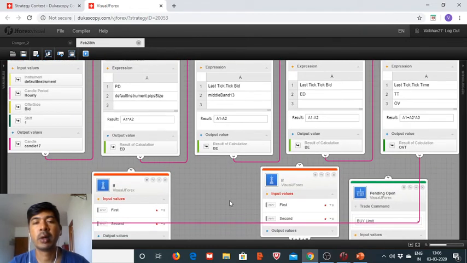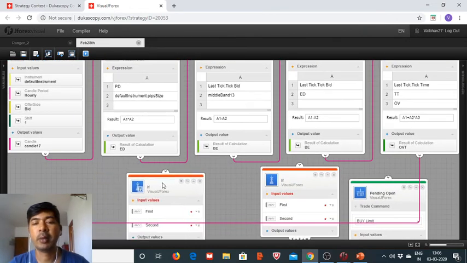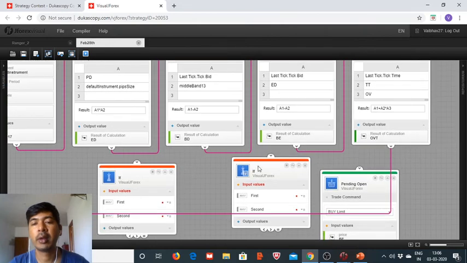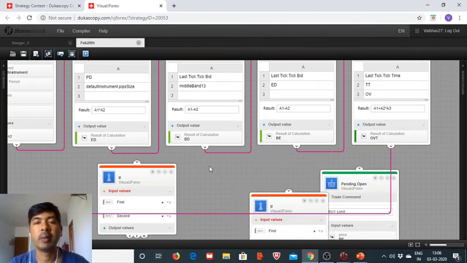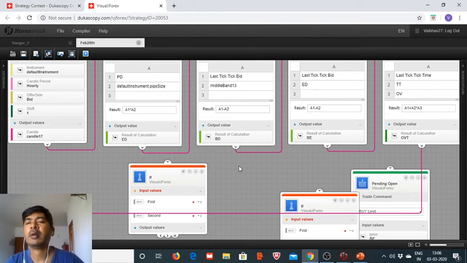So this is the ED, 10 pips, and the last tick bid minus the middle band, and the execution difference.